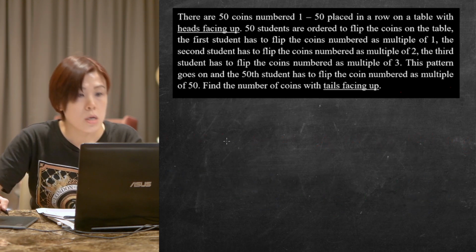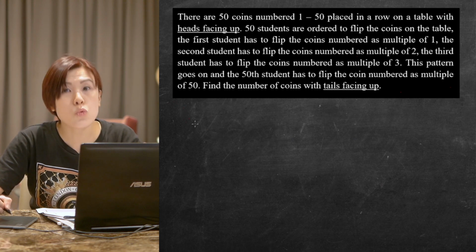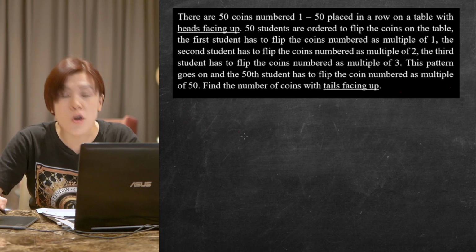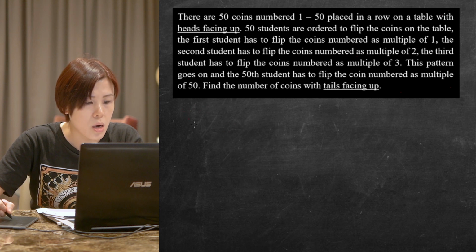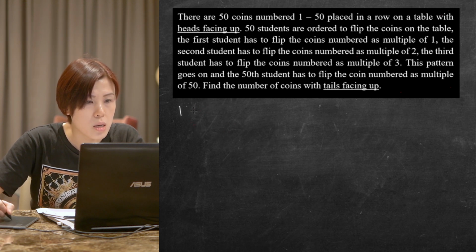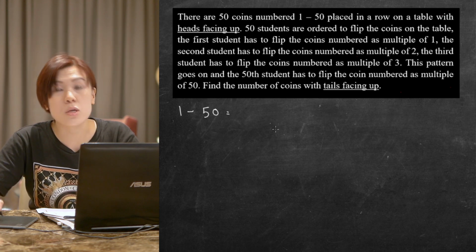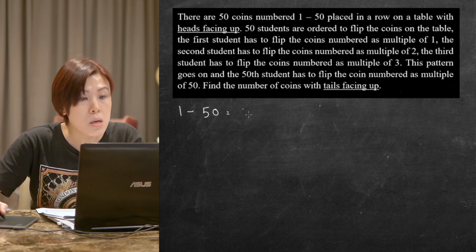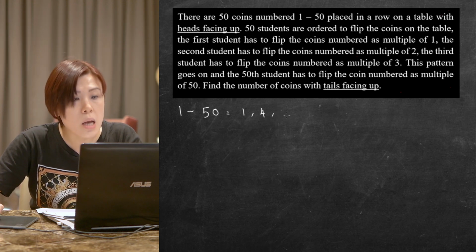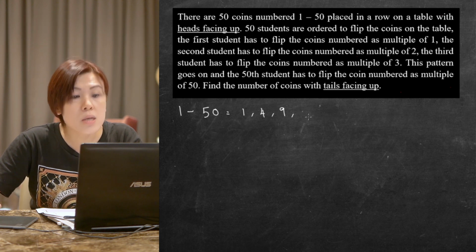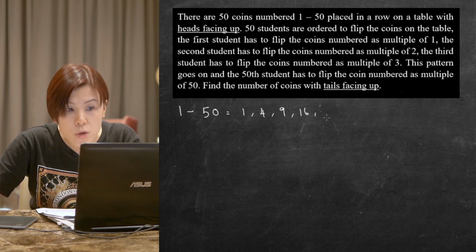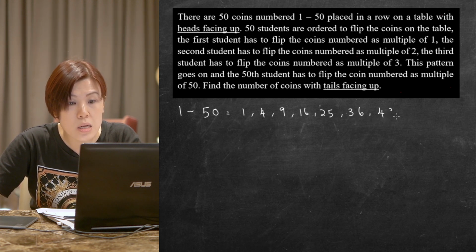So now, coming back to this question where we have 50 coins, 1 to 50. From here, we will need to find, from 1 to 50, all the square numbers. For example, 1 times 1, 2 times 2 is 4, 3 times 3 is 9, 4 times 4 is 16, 5 times 5 is 25, 6 times 6 is 36, 7 times 7 is 49.